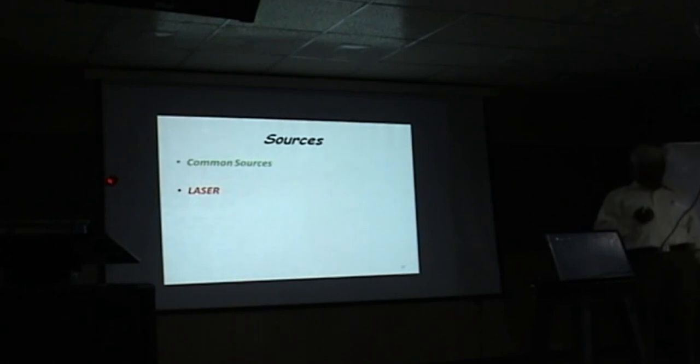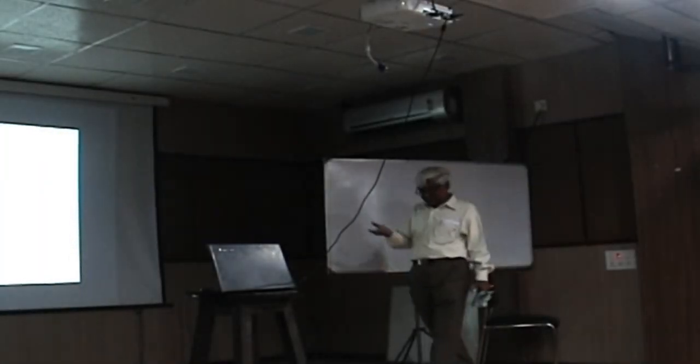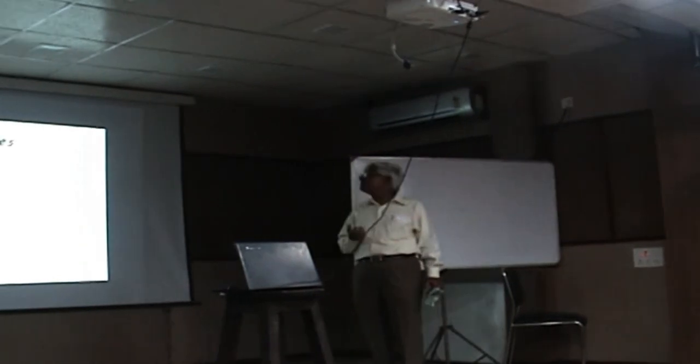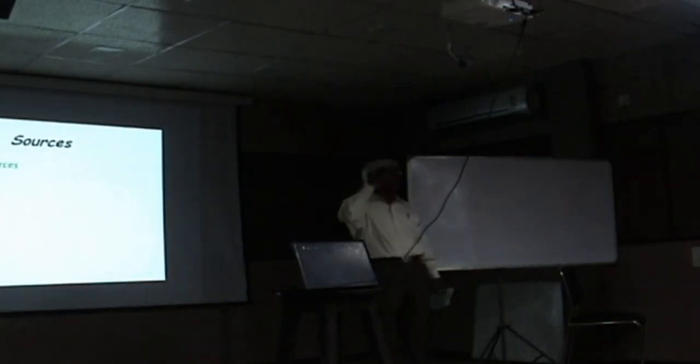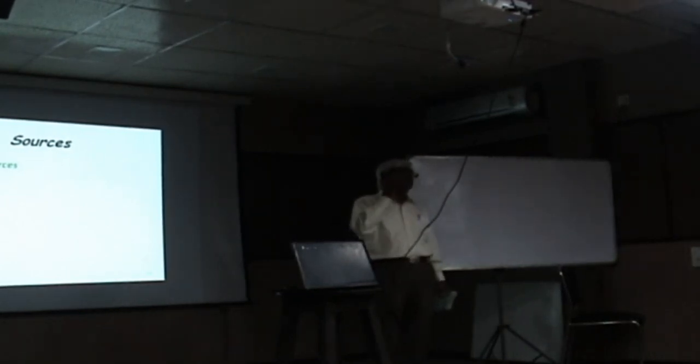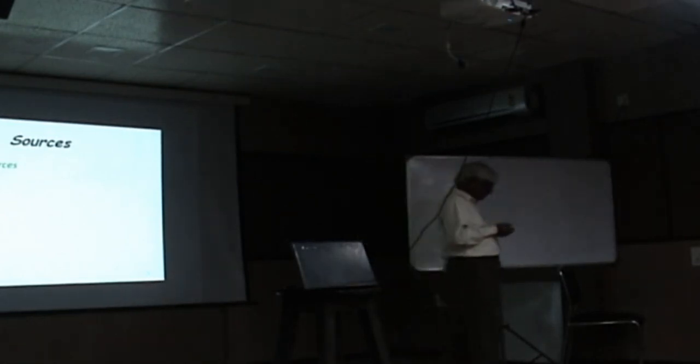What is the source of light? That depends on whether we use radio frequency or microwave frequency or any other frequency, visible light, etc. But usually what is done, light of a particular wavelength, or monochromatic light, is used for this.